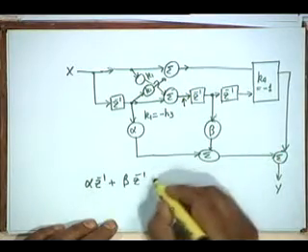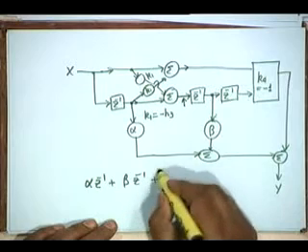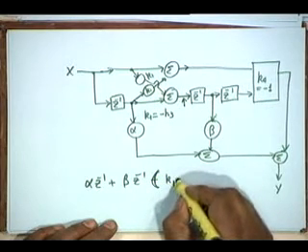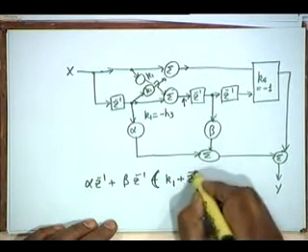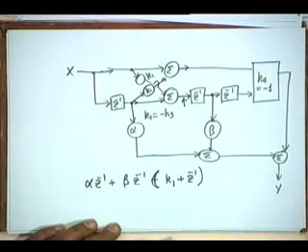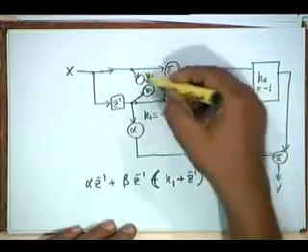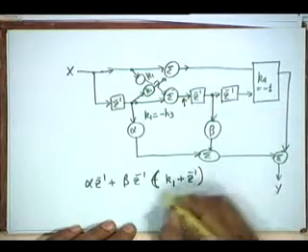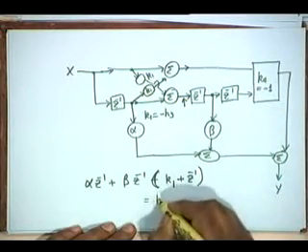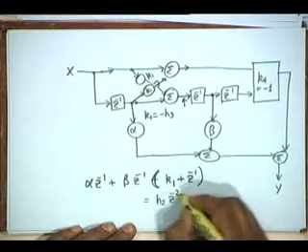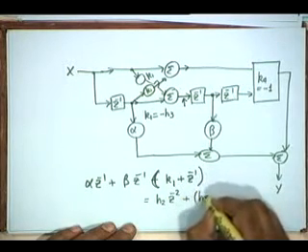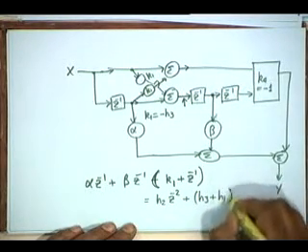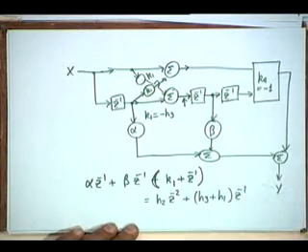K1 plus Z inverse into X. K1, I beg your pardon, K1 plus Z inverse. That is right. That is the transfer function, K1 plus Z inverse. Agreed? This should be equal to H2 z to the minus 2 plus H3 plus H1 Z inverse.